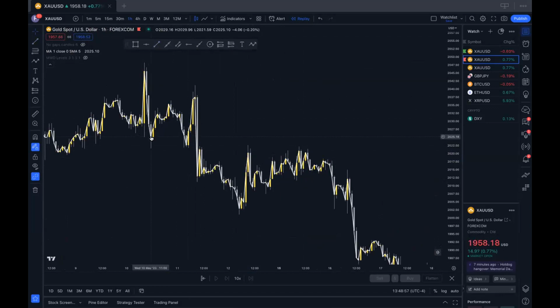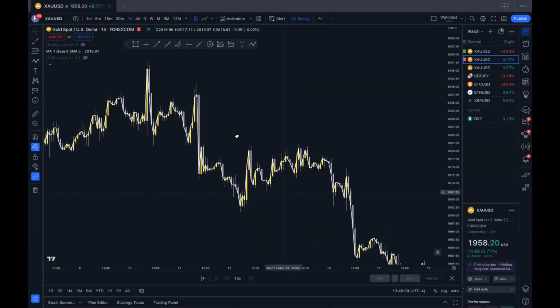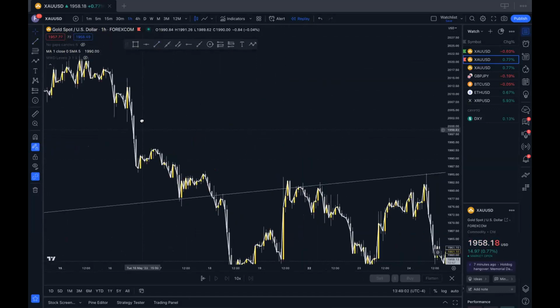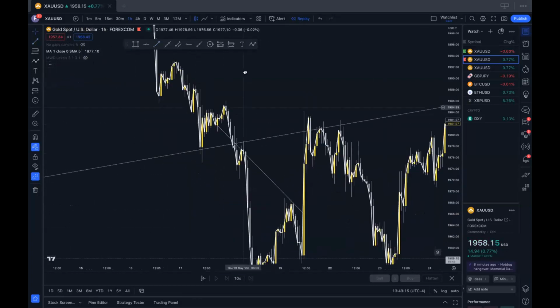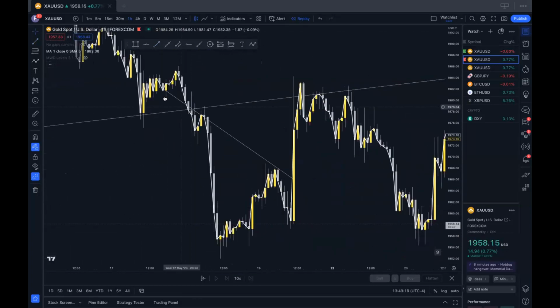Okay, that's type 2. You have tap 1, tap 2, and tap 3. Precisely. 1, 2, 3.